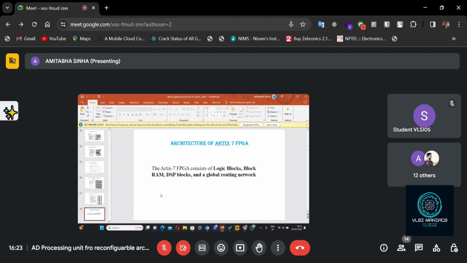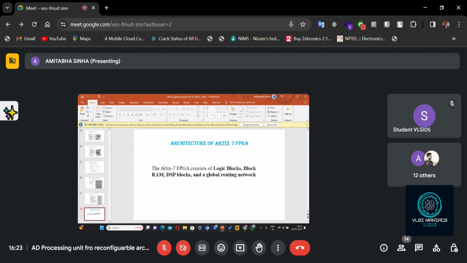For example, if we need 25 frames per second, and each frame consists of, let's say, 840 by 1024 pixels, and each pixel consists of 24 bits, it is a huge amount of data. They need to be processed. This is for video applications. So that's why RAMs are also there.